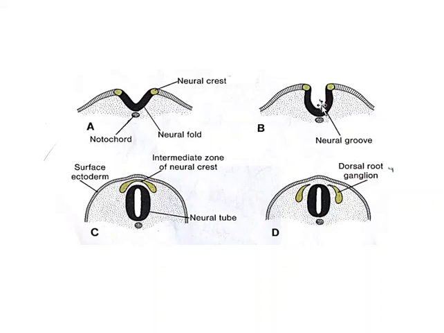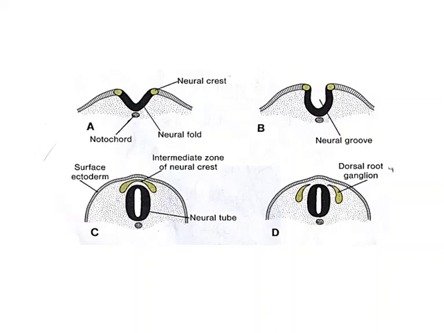Then the neural crest cells detach from the neural groove, and the edges of the neural groove meet each other to form the neural tube. Finally, here we have the derivatives of the neural crest, the neural tube, and the notochord.